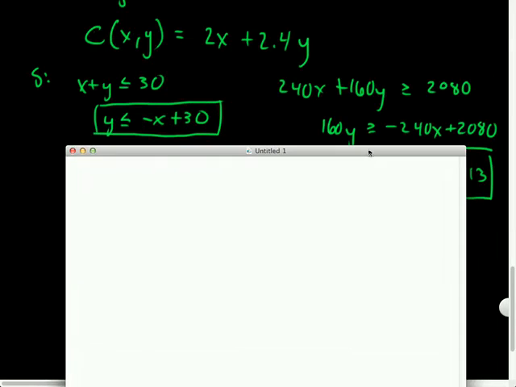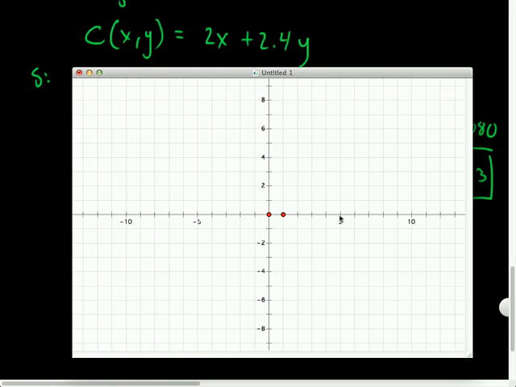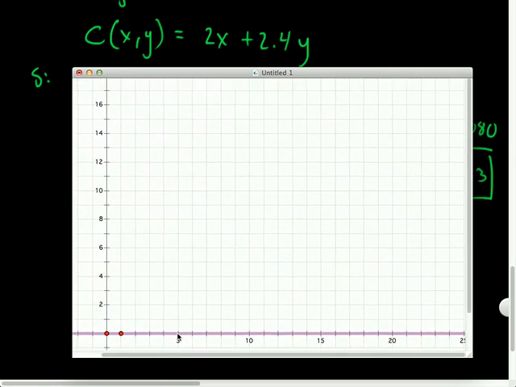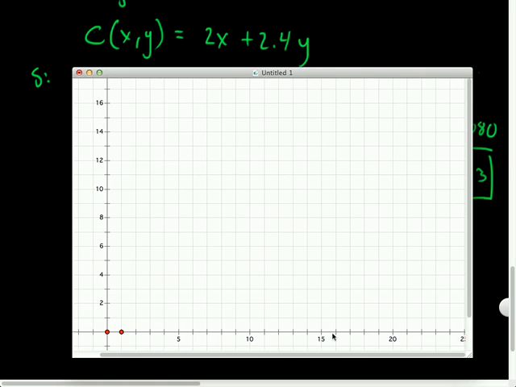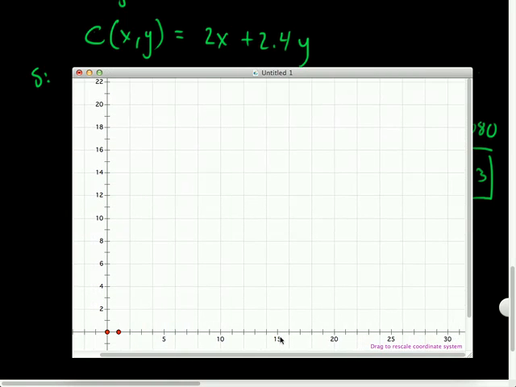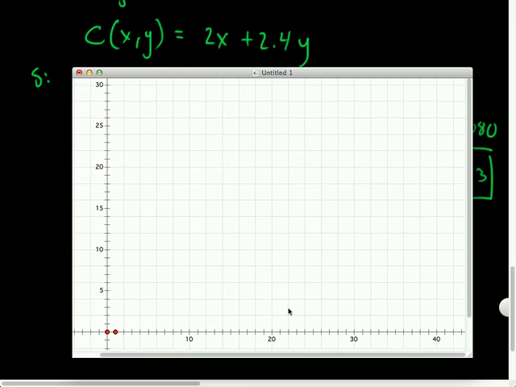So I'm going to graph this using my little awesome thing. Grid form, square grid. This exists primarily in the first quadrant. This one goes as high as 30 in both directions. This one's as high as 13, this one's as high as 9.5. So I think if I scroll out to 30 in both directions, I should be good enough.